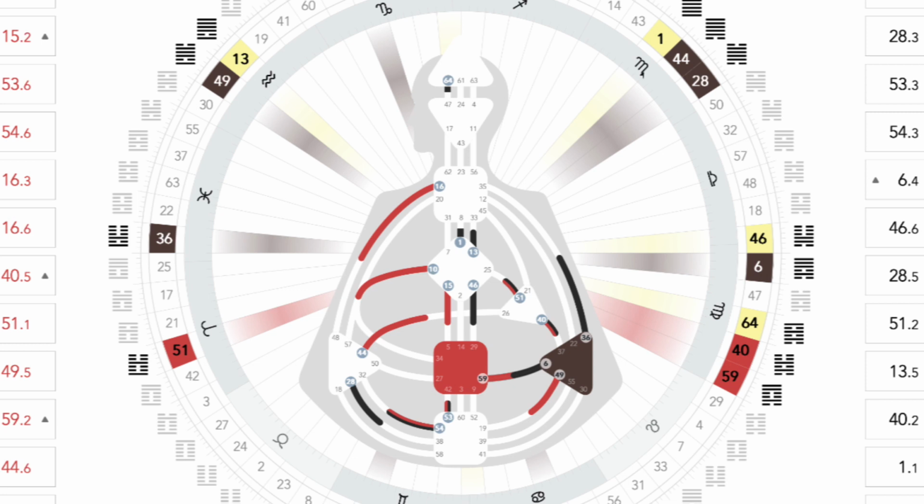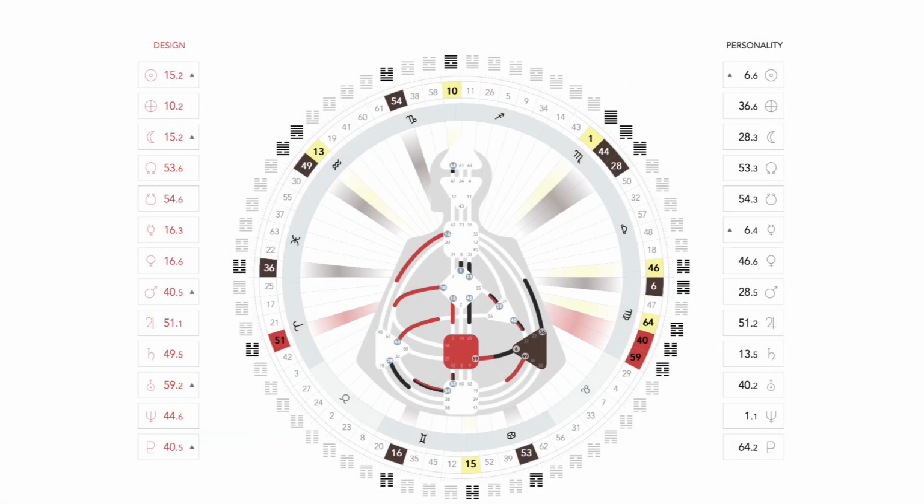And the calculation I've just explained is done first of all based on our date, time and place of birth, as I said earlier. And that generates our personality.